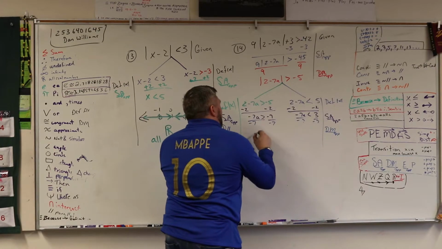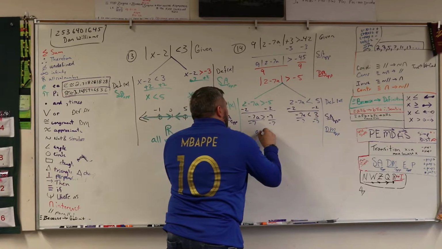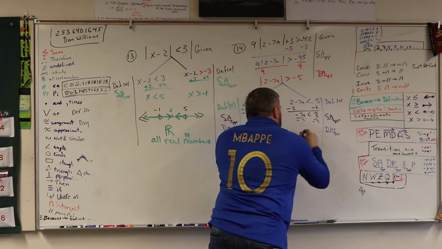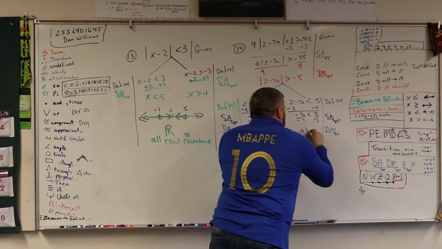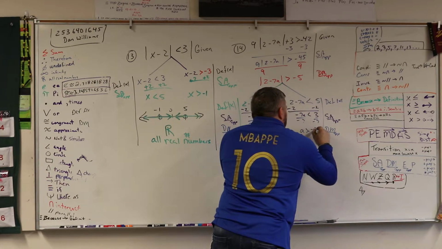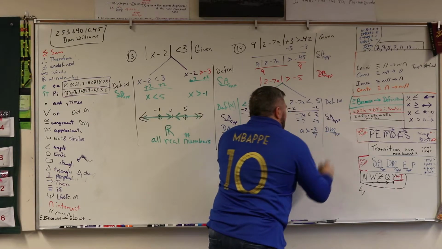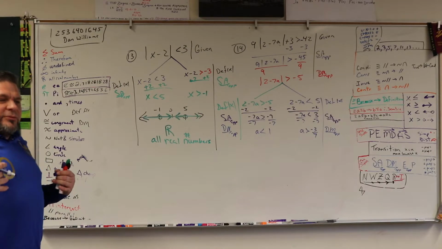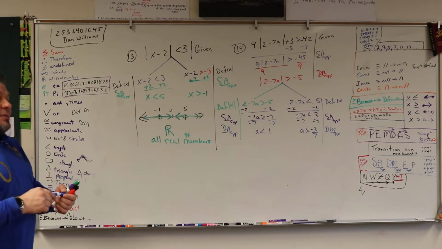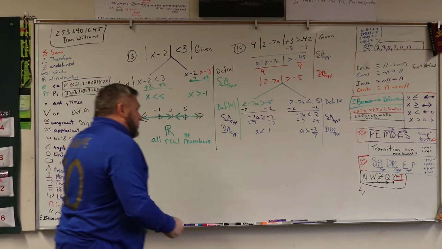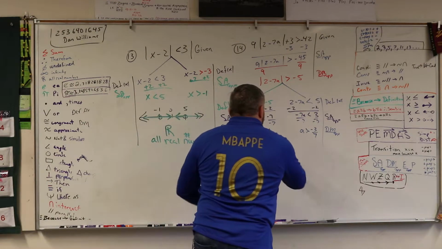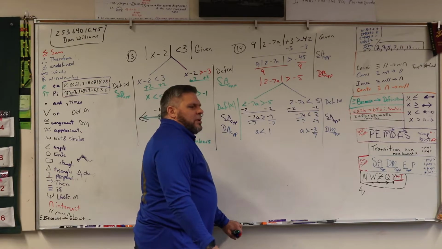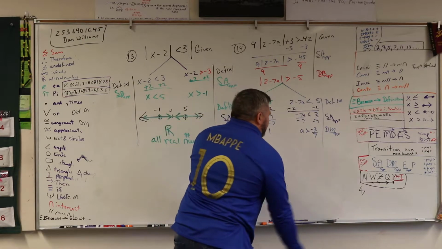So this is a is less than 1, right? And this one is a is greater than negative 3/7. So that's just a nasty fraction, and that happens a lot with absolute values.